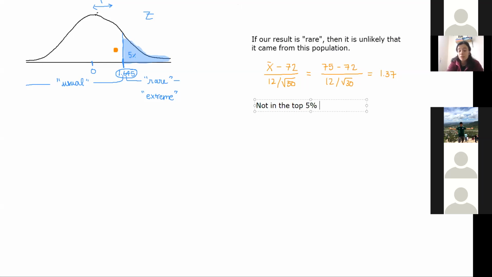And so that means that my result could be explained by chance alone, right? So I could have said, oh, this result, the 75, the reason that I got such a high result could just be because I happened to have students in the class that were a little bit strong. Does this make sense for everybody?